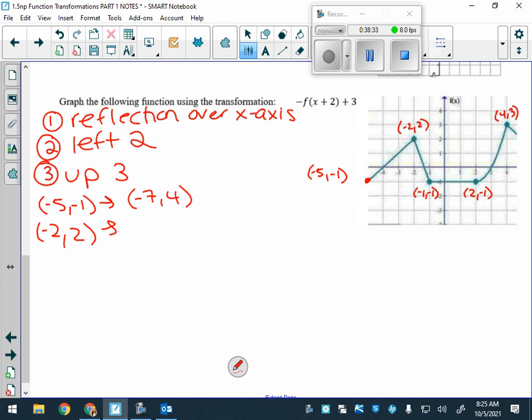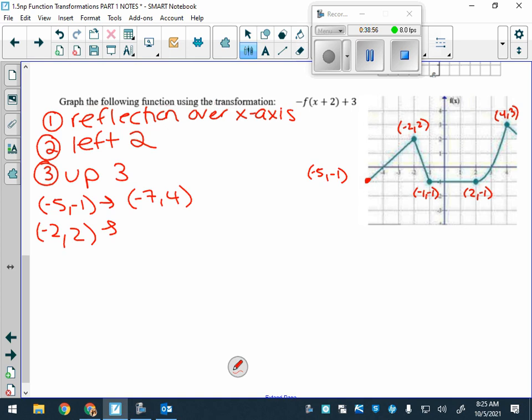-2, 2 would become what? Mia? But if you have a reflection over the x-axis, are you dividing by 2? You're multiplying by -1. Oh. Okay. -2, 2 would become what?